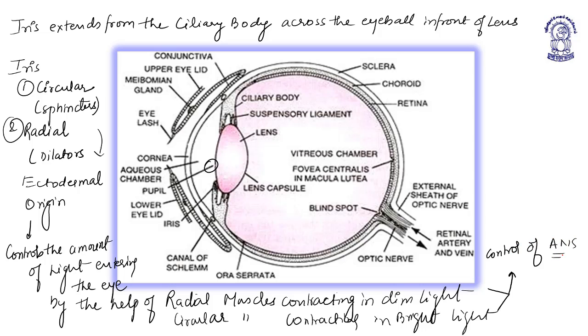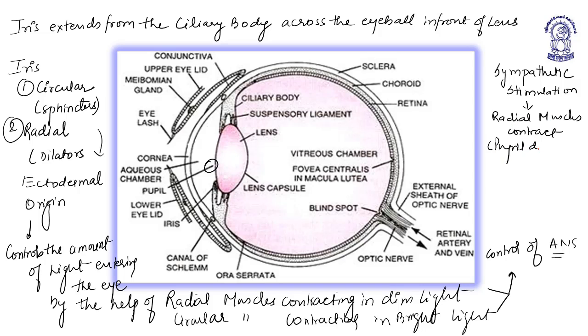Sympathetic stimulation causes the radial muscles to contract, and the pupil dilates. Parasympathetic stimulation causes circular muscles to contract.